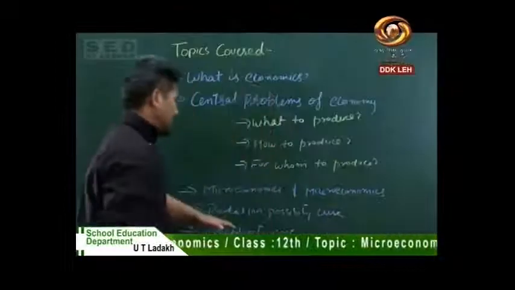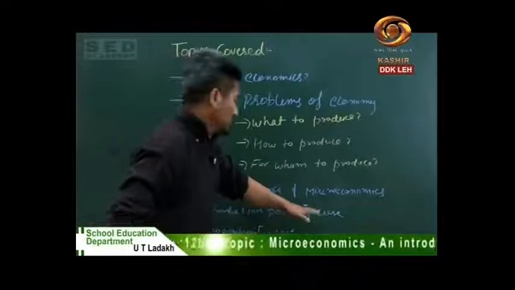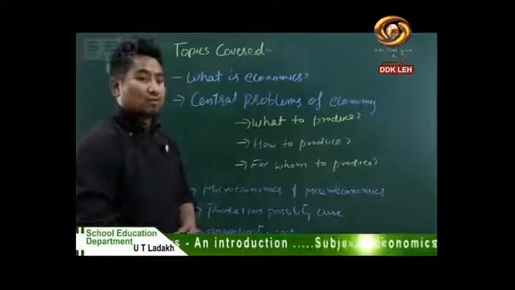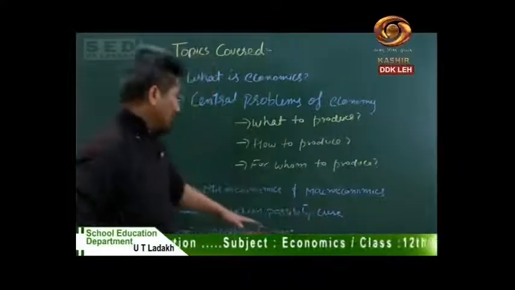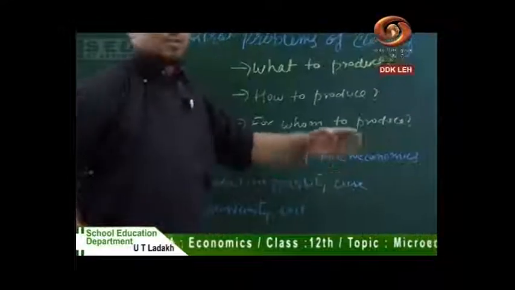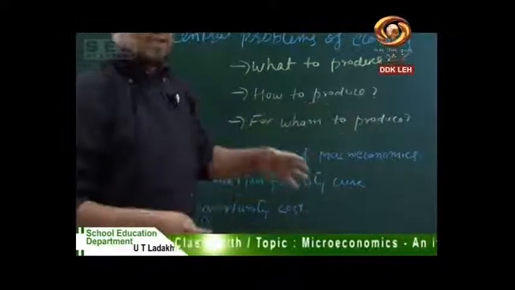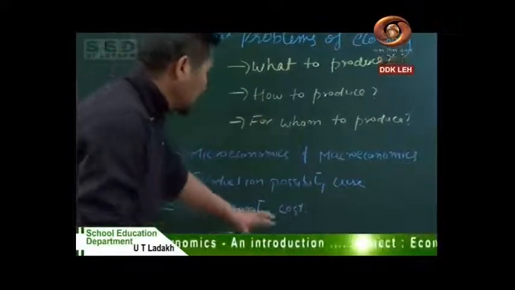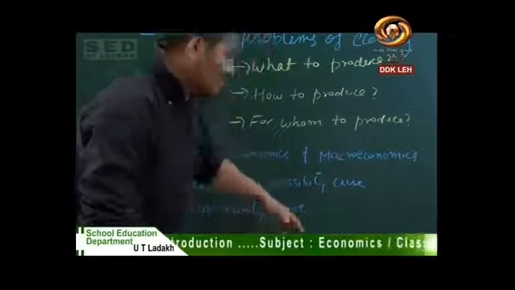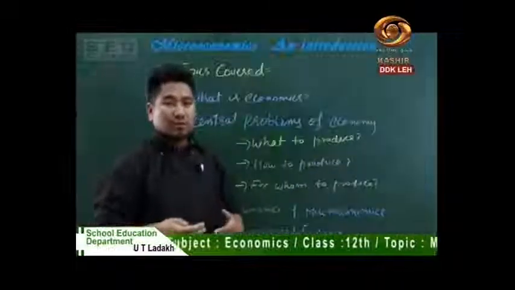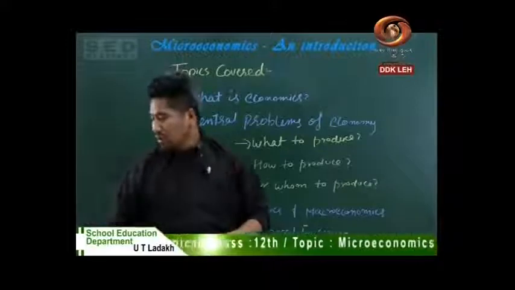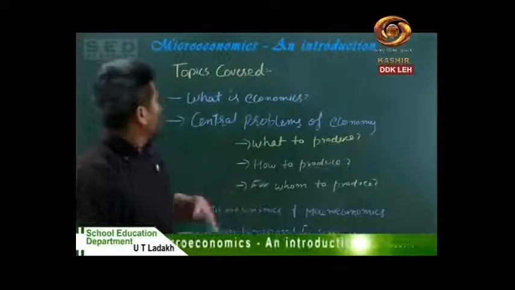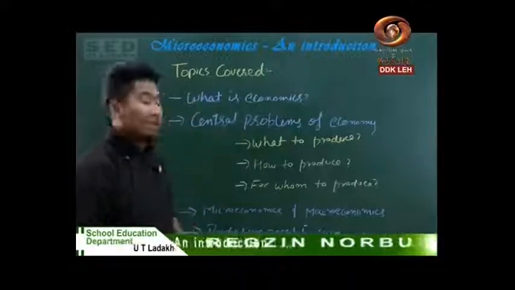I've told you that the production possibility curve is a curve which shows combinations of two goods that can be produced with a given level of resources and technology. It has two basic properties: it slopes downwards from left to right, and it is concave to the origin. And at last we studied what is opportunity cost. Opportunity cost is the cost which is forgone. So this is all for today. With this we have ended the first unit.